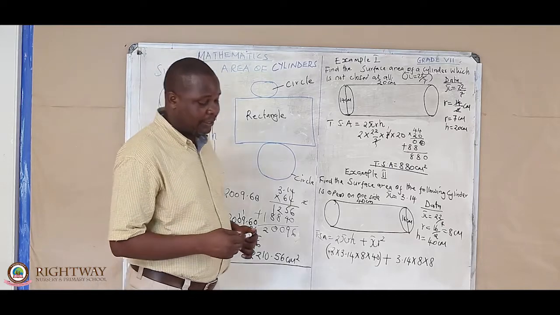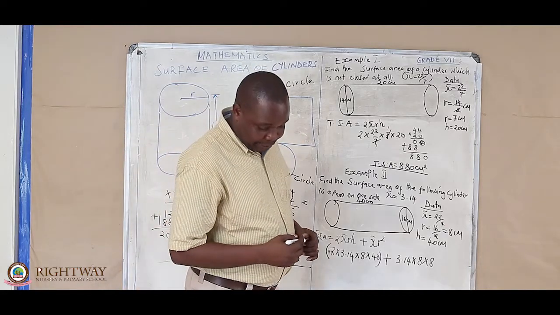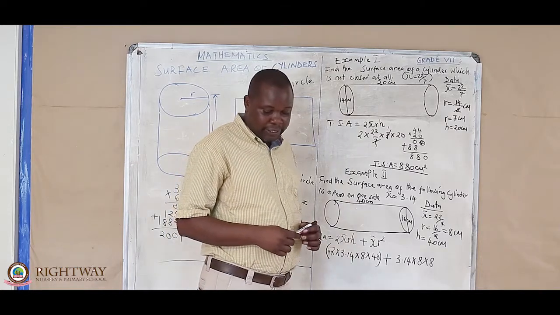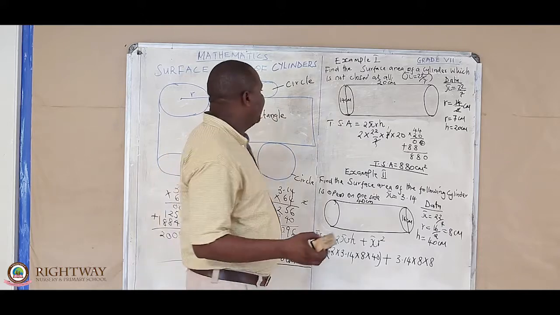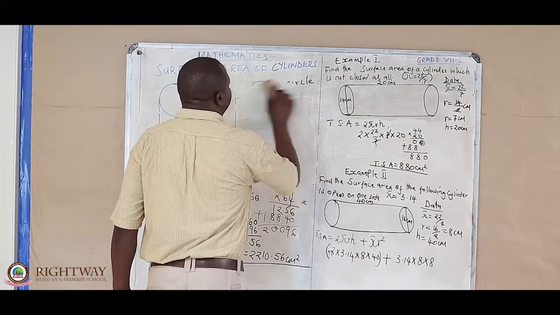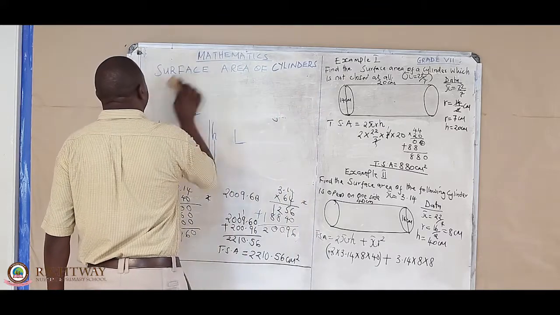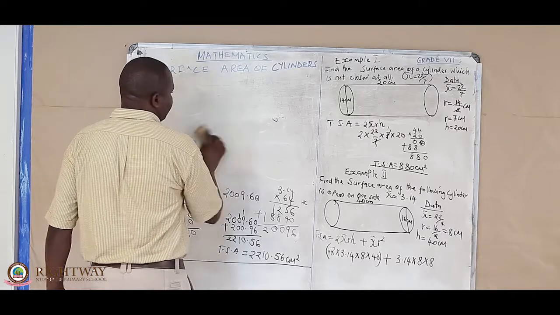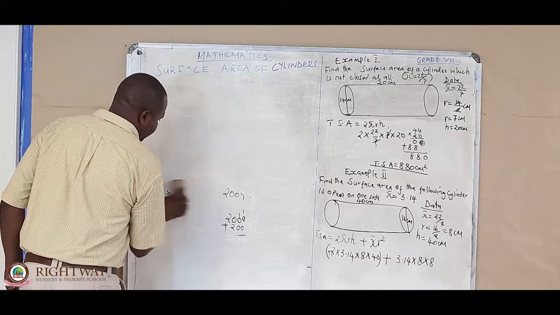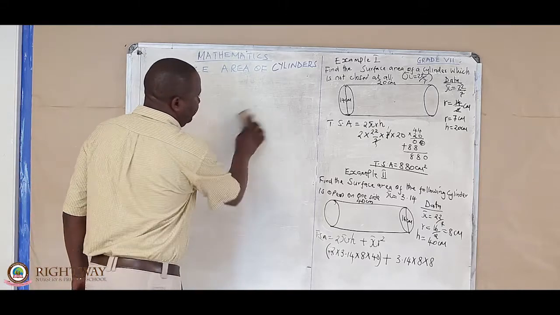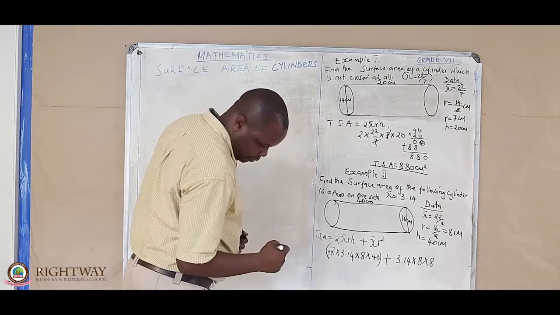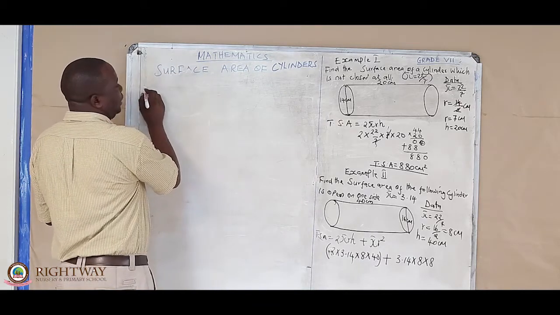I think I'm clear on that one. Is anybody with a question? Can let me know. Let's see another question, which is now a cylinder which is closed on both sides. That is example 3.